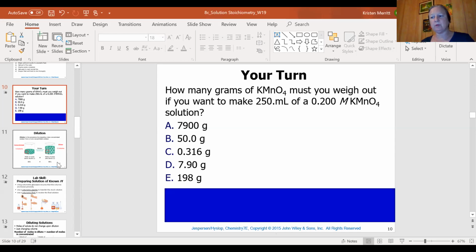If it's a 10x, I measure out 10 mils of my concentrated and bring it up to 100 mils, or 100 mils, bring it up to 1 liter. So I measure out 1/10 of the stock solution and I bring it up to, so we'll just show you.